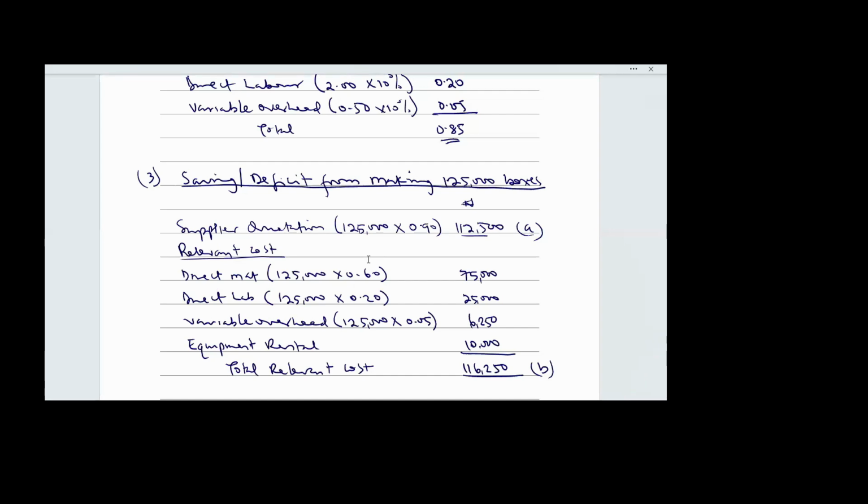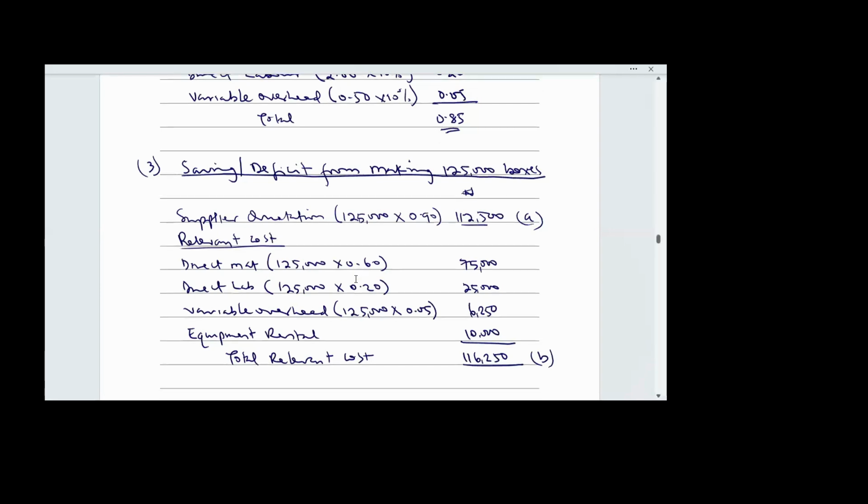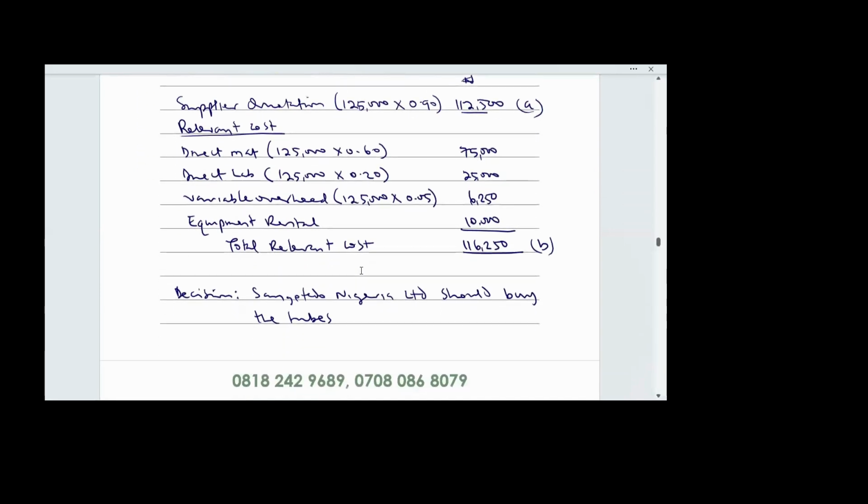Variable overhead, the same thing, 5 kobo multiplied by 125,000 gives you 6,250. There's an equipment rental given in the question, which is 10,000 naira. When you add up everything, you will notice that the total relevant cost is 116,250, which is higher than the supplier's quotation of 112,500. Therefore, our advice is that the company should buy the tube because it is cheaper to do so. That's that.